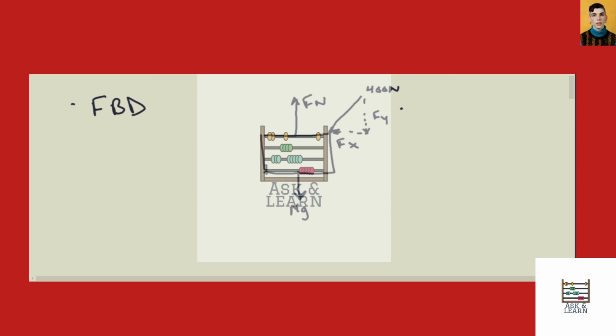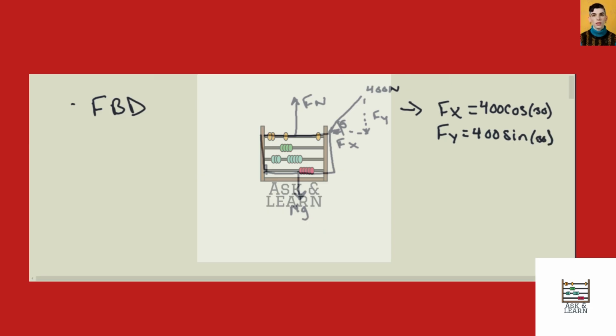And so from this triangle, we know from geometry, f of x is equal to f cosine theta. Theta is right here, and we know theta is, in this case, 30 degrees. So f of x is 400 cosine 30 degrees, and we know then f of y is equal to 400 sine 30 degrees.